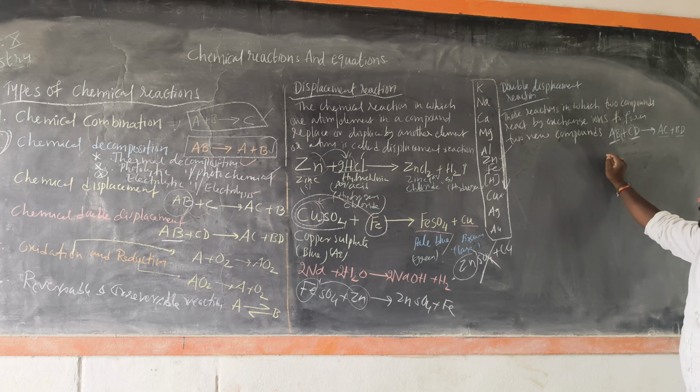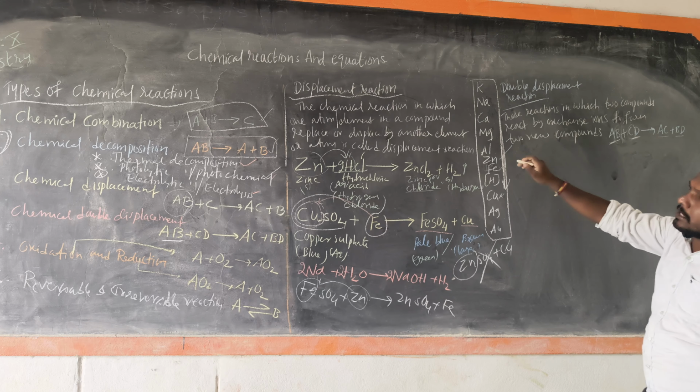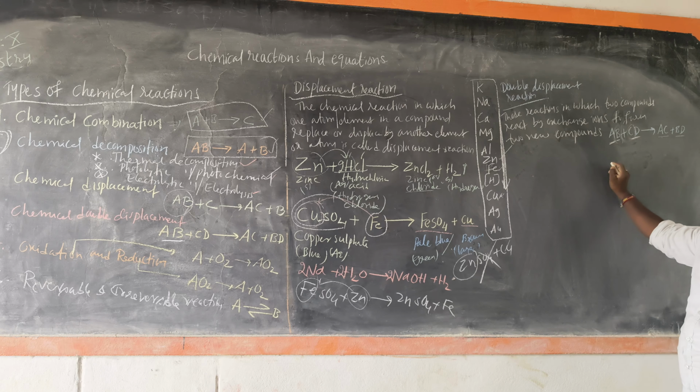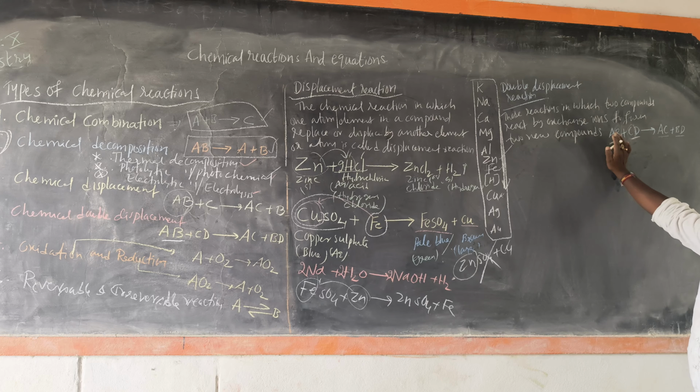In single displacement reaction, only one element is replaced by another one. In case of double displacement reaction, two elements are displaced by two other elements. Such kind of reactions are called double displacement reactions.